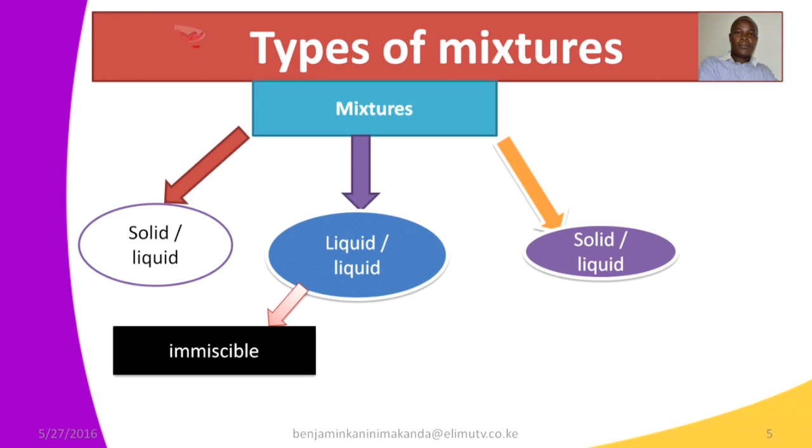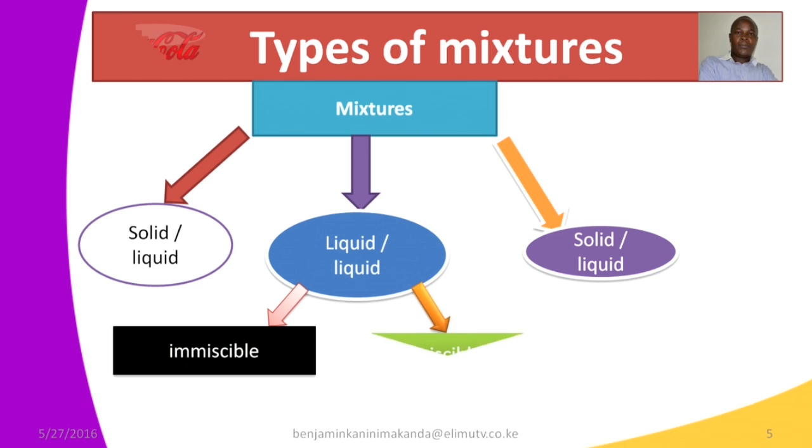An example: you take kerosene and add it to water. Considering that kerosene has a lower density than water, kerosene is going to float on water. Those mixtures that do not mix and don't form a homogeneous solution, we call them immiscible liquids.